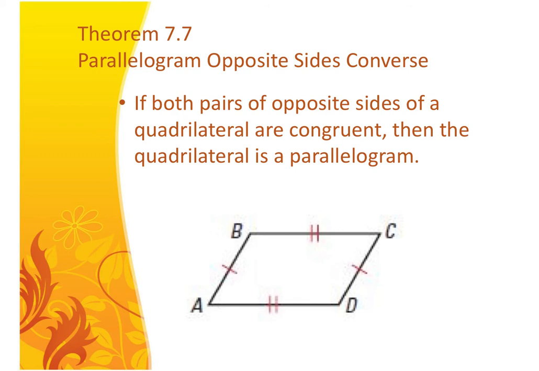This converse says if both pairs of opposite sides of a quadrilateral are congruent, then the quadrilateral is a parallelogram. That means if you can prove that there are two pairs of opposite sides and they have congruence, you're dealing with a parallelogram.